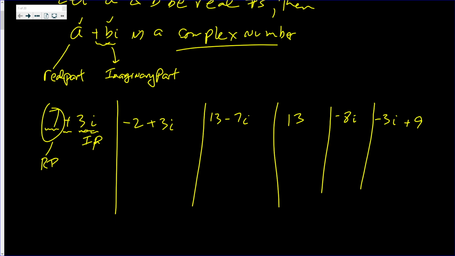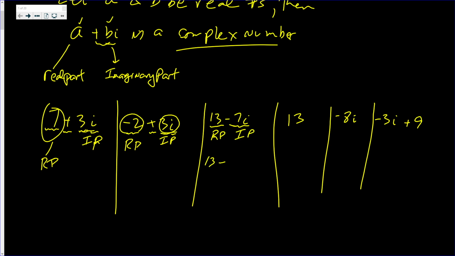A number plus a number times I. That's the real part. That's the imaginary part. Now, I claim that that's the real part, and that, including the minus sign, is the imaginary part.